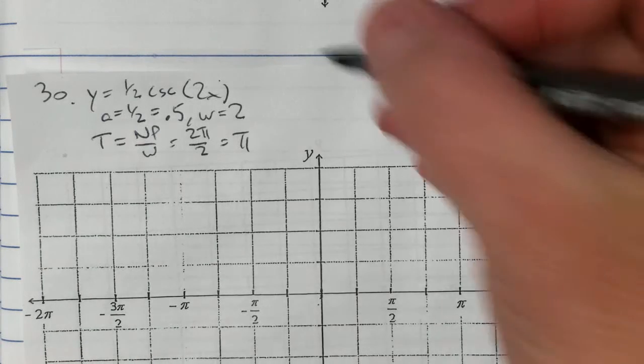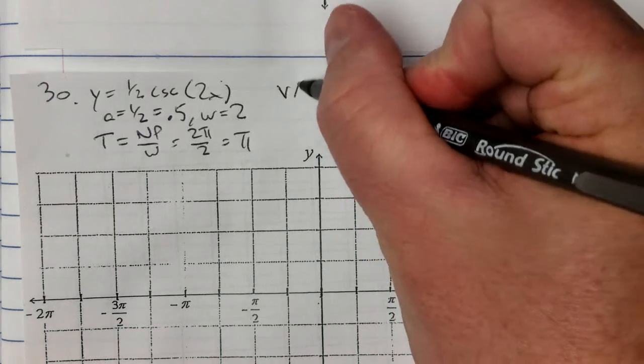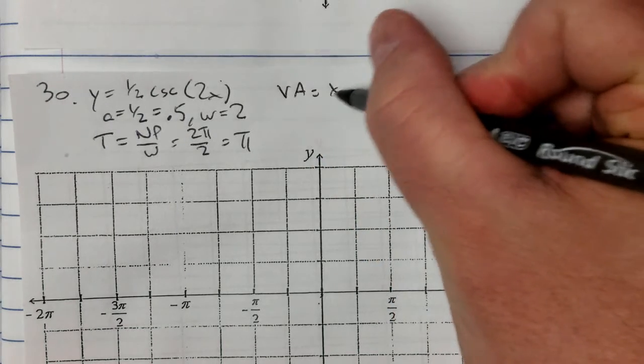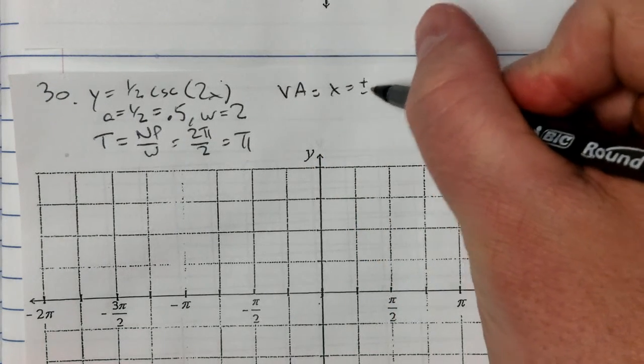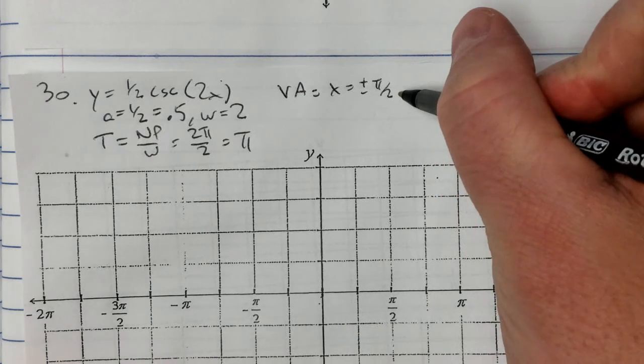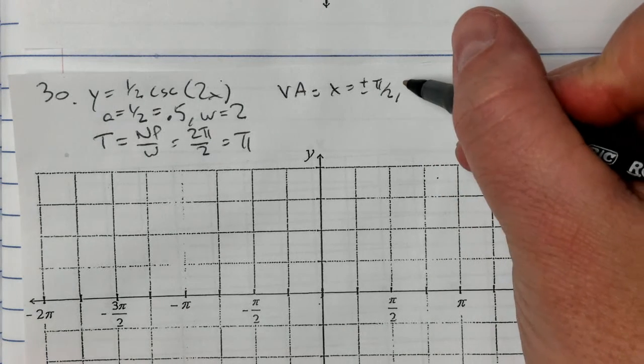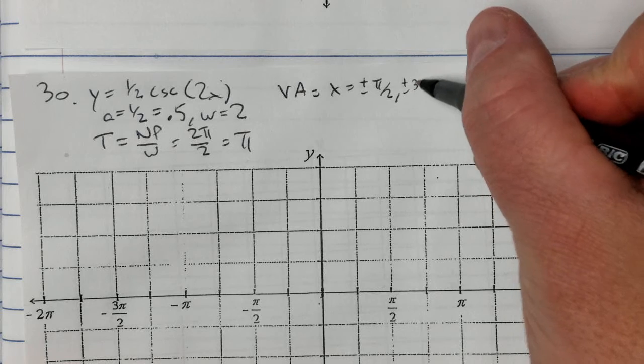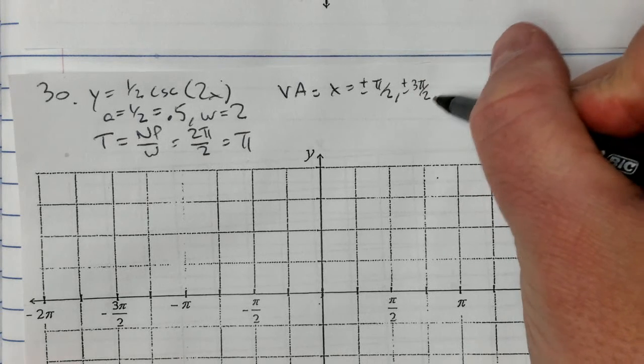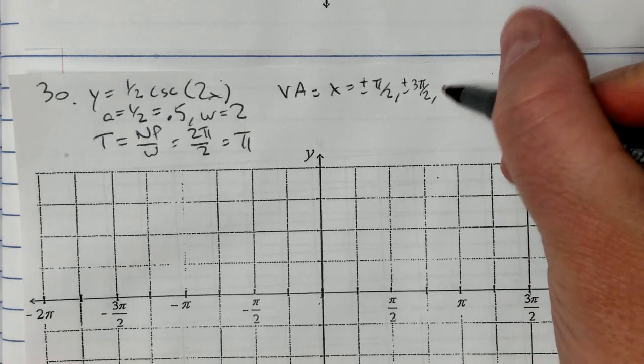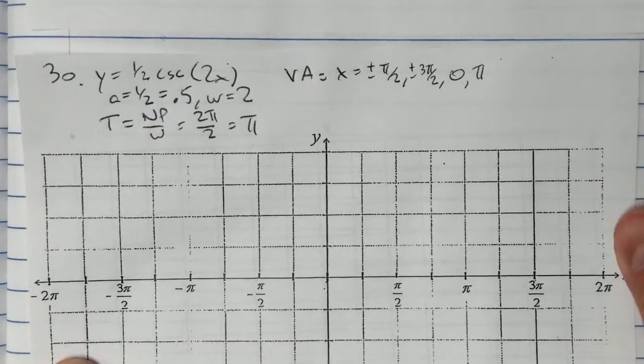So let's go with the vertical asymptote at x equal plus and minus pi halves, plus and minus 3 pi halves, and it's also at 0 and pi.